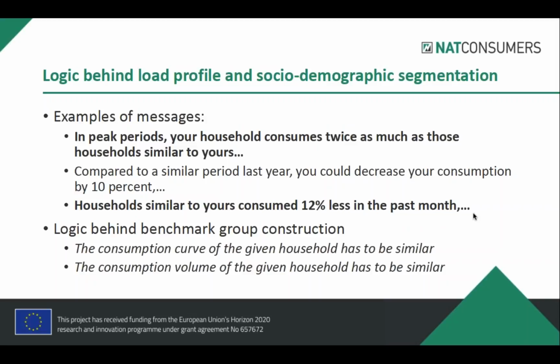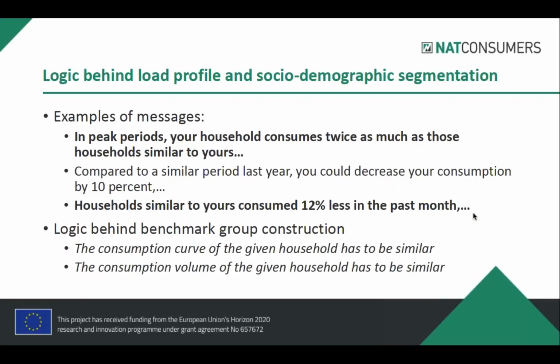The second is, compared to a similar period last year, you could decrease your consumption by 10% if you do that or that. The third is, households similar to yours consumed 12% less in the past month. So these could be core messages that could be sent to consumers about their consumption.